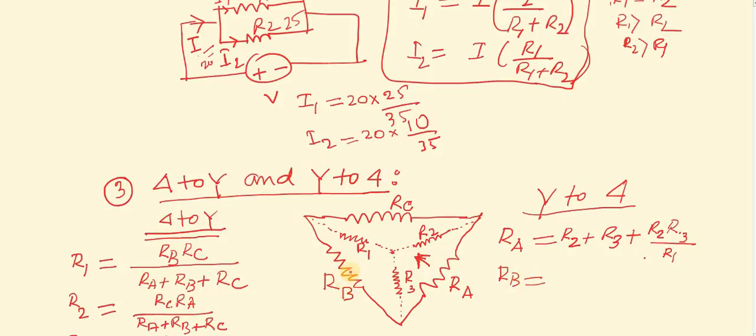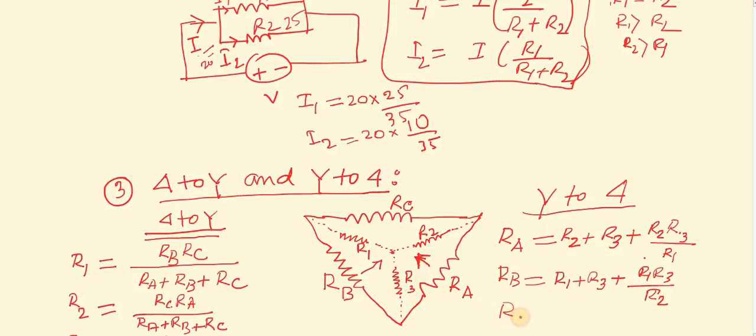Likewise, you can write RB. What will be RB? In front of RB, you see these two are adjacent. Which ones? R1 and R3. So write the summation R1 plus R3. Then the product of these two, R1 into R3, divided by the backward one, R2.